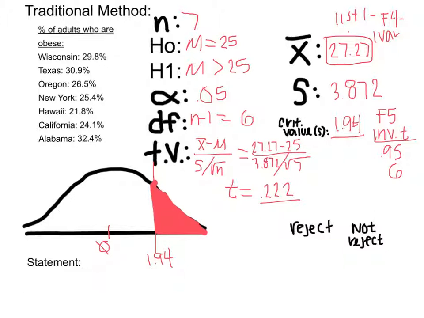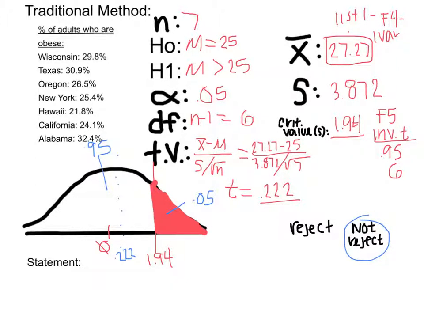It's important to label the areas. So this is 0.05, and 0.95. Then when we put our test value on, we know that 0.222 will fall somewhere around here. And now it's very clear to see that 0.222 does not fall within the shaded region. Therefore, we do not reject.